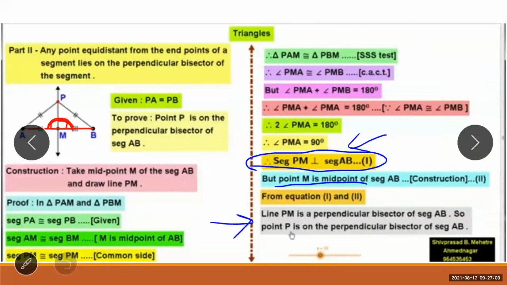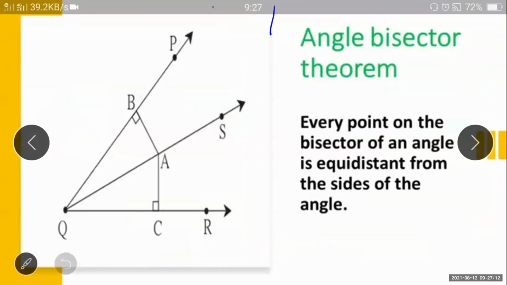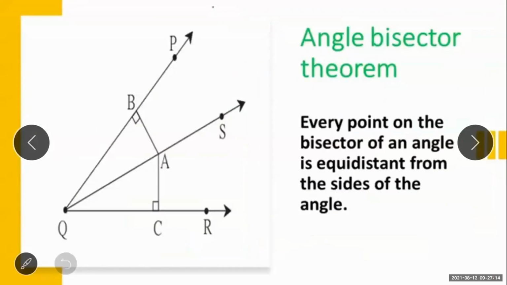Now see one more theorem. This is the last theorem of today's class, the angle bisector theorem. Similarly to perpendicular bisector, bisector means divide in two equal parts.